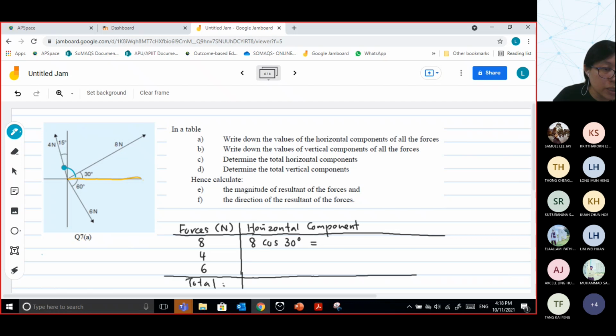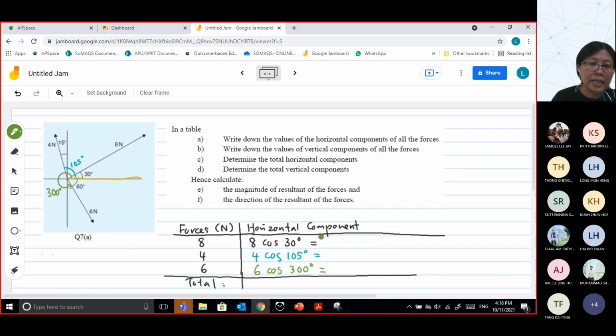From here to here, 90 plus 15, which is 105. So 4 cos 105. Then the last one, from here to here, 360 minus 60, which is 300 degree. So 6 cos 300 degree.